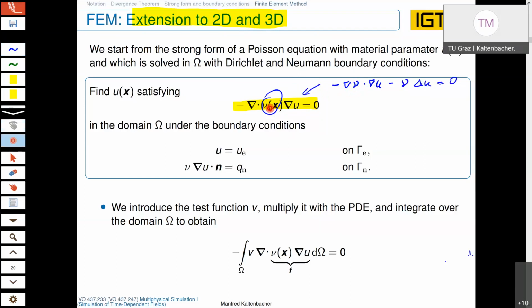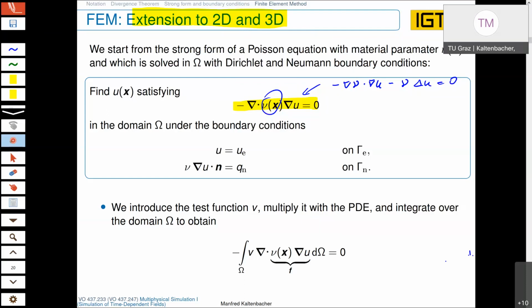If it is a smooth function, no problem. But what happens at the interface where the material parameter immediately jumps, as we have in electromagnetics, from iron with a very high permeability to air with a very low permeability? There you need some additional effort within the finite difference method, but no problem within the finite element method, as we will see.